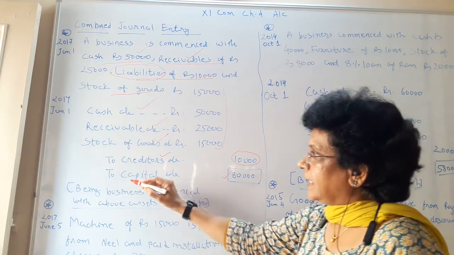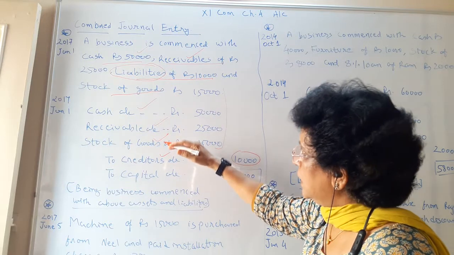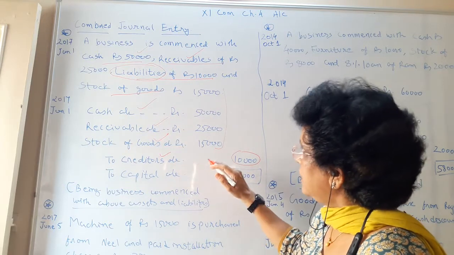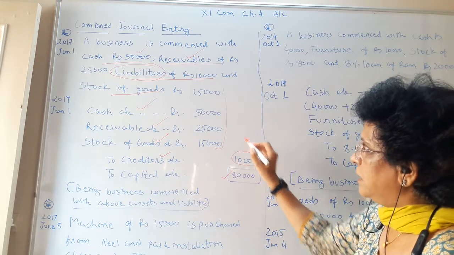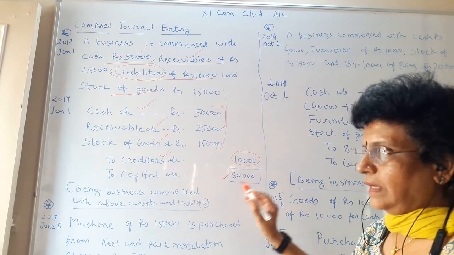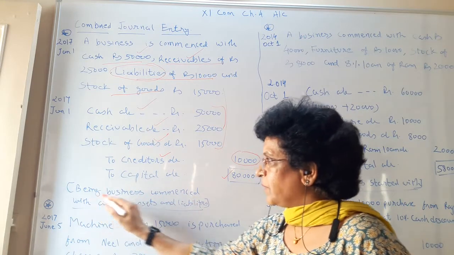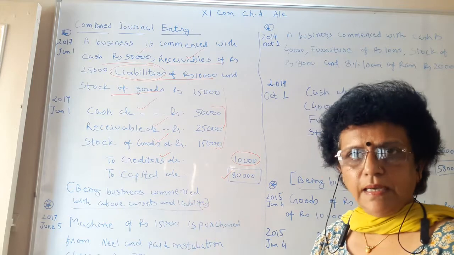So capital you have derived by total of all debit minus total of your credit. What the difference comes, that difference you have credited as capital, and the narration is the same: being business commenced with above mentioned assets and liabilities.